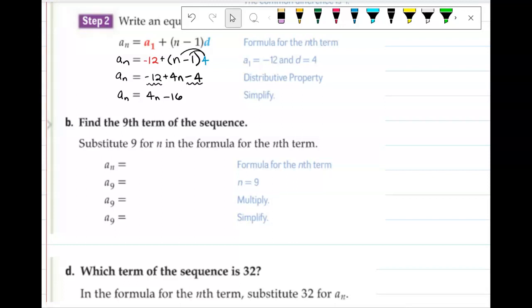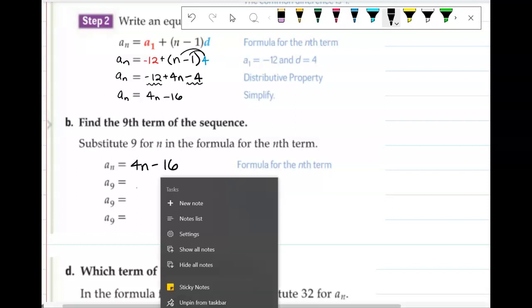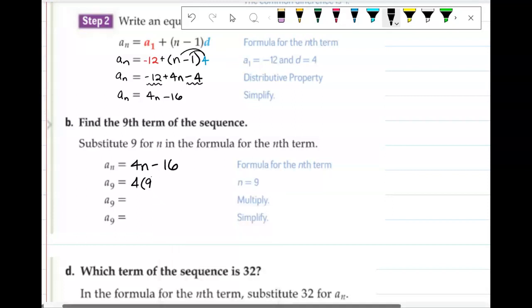We don't have to add 4 over and over and over. We can just use this formula. So a sub n is 4n minus 16. We're going to replace n with 9 because it wants the 9th term. This makes 36 minus 16, which is just 20.